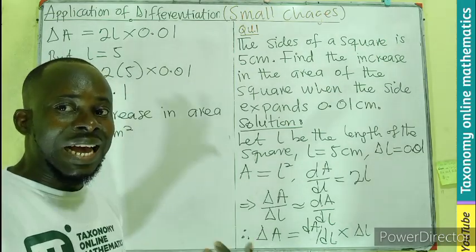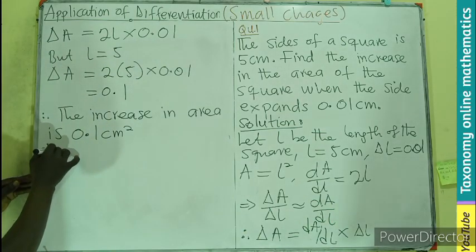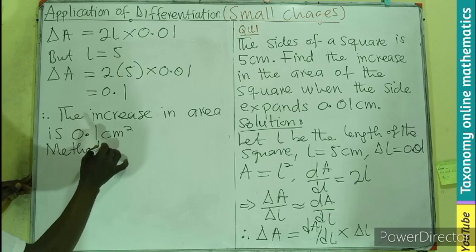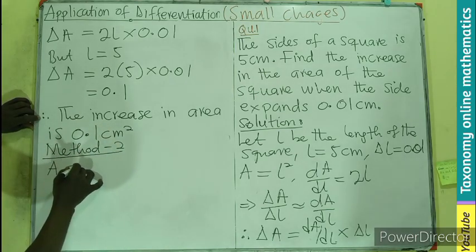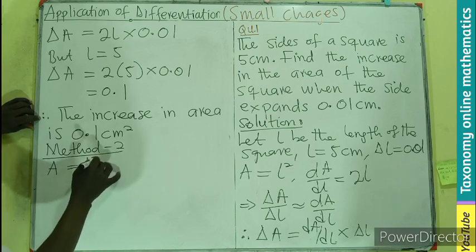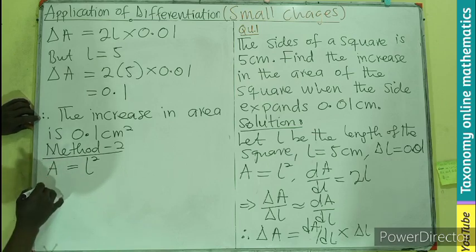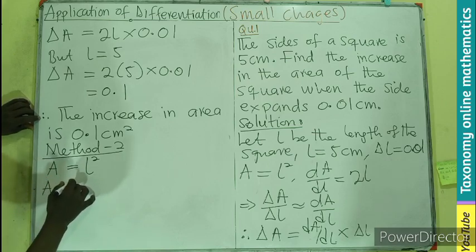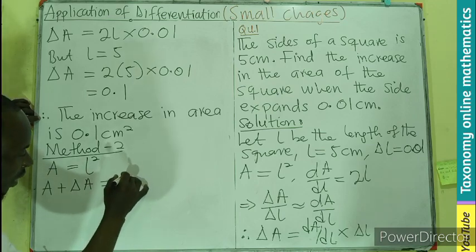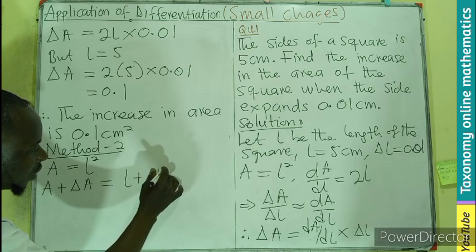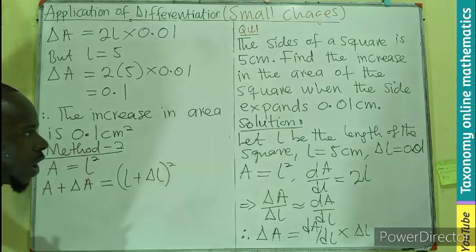But we can also use a second method which I have not discussed. So we can say method 2, or alternatively, if we are having A equals L square, we are saying there is a small change in A. That will mean A plus that small change will be equal to L plus that small change in L, and we are having a square of that.